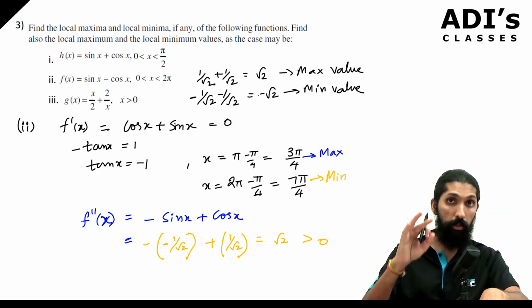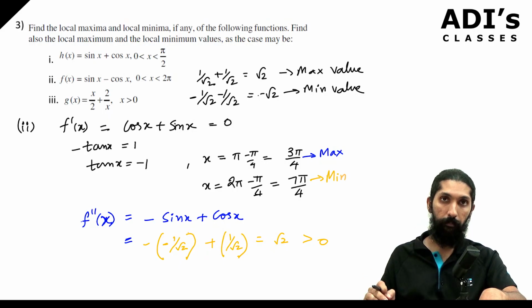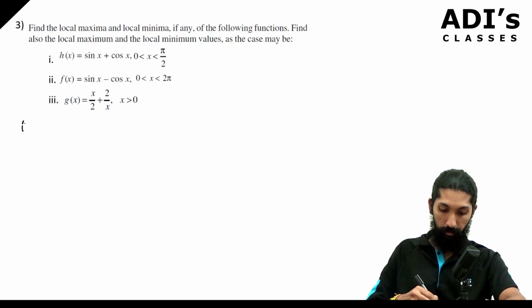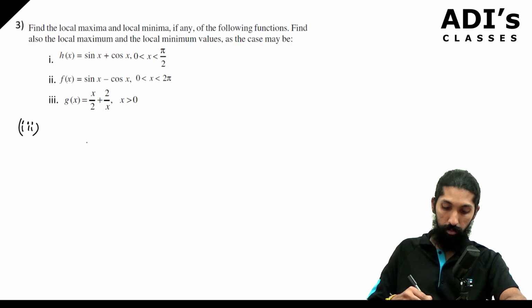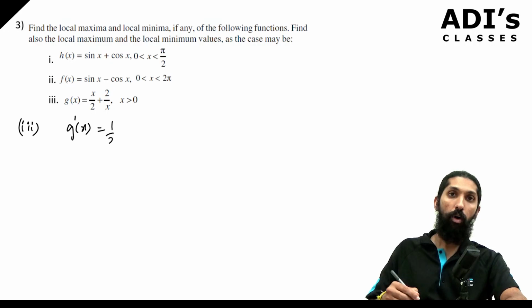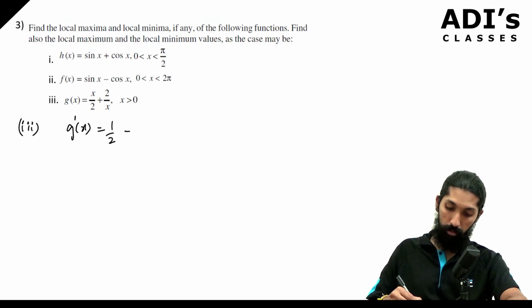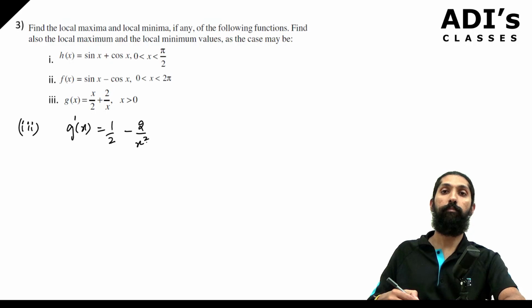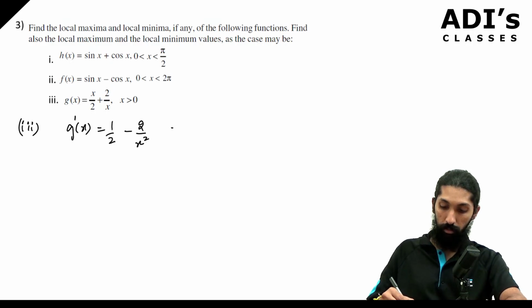Let's do the third one, which is very similar to this one. All right, see the third one. So you have g dash of x. Directly I'll do it: 1 by 2 minus 2 divided by x square, equated to 0.